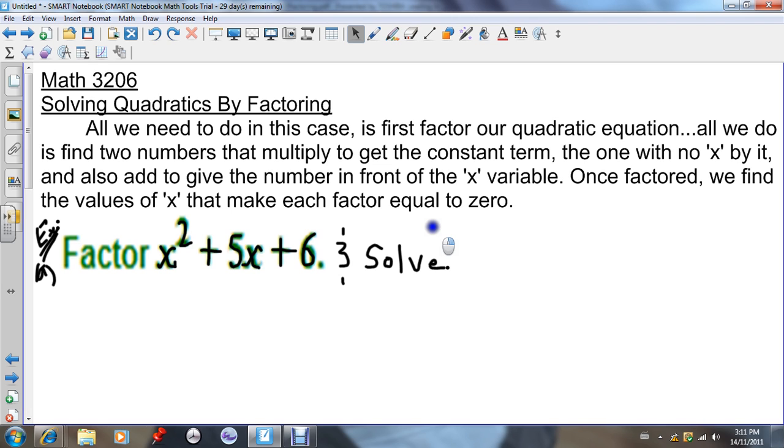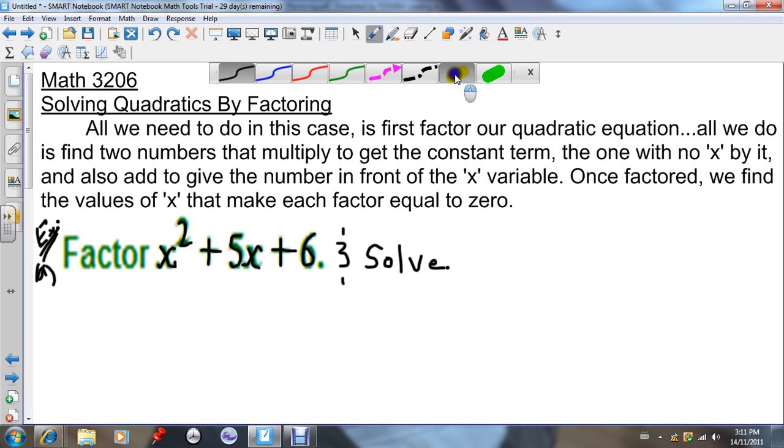We need to find two numbers that multiply to get the constant term, the number on the end, and also they have to add to give the term in front of the x. So, once we factor our quadratic, we can find the values of x that make each factor equal to 0.